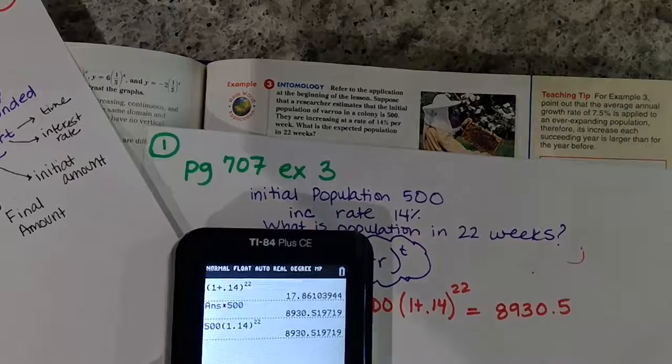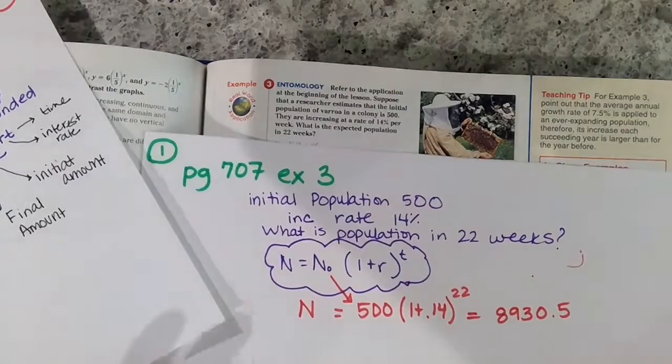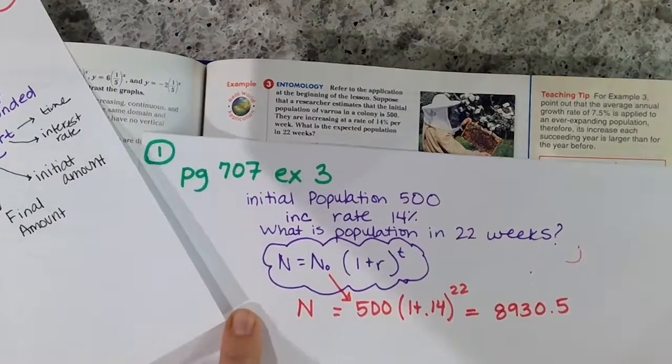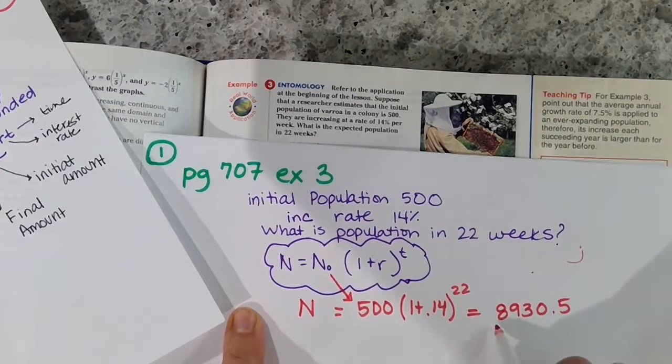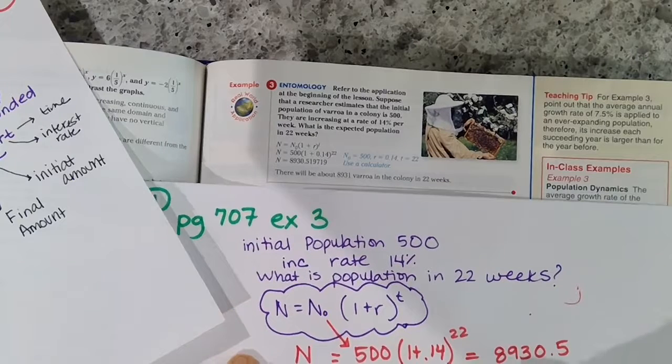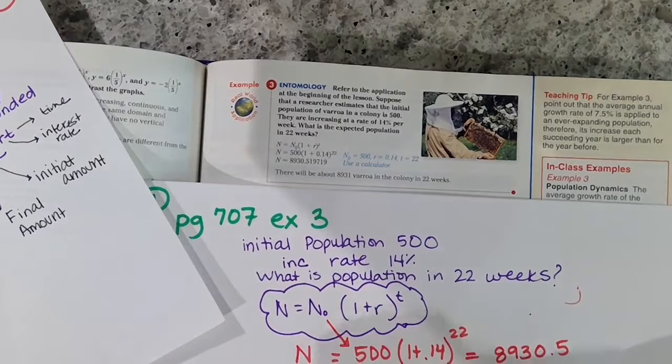Now remember, wordy problems have wordy answers. So in this case, the question says, what is the expected population in 22 weeks? Well, this was my numerical answer. So what would your expected population be? Well, it could actually be 8,931 or 8,930.